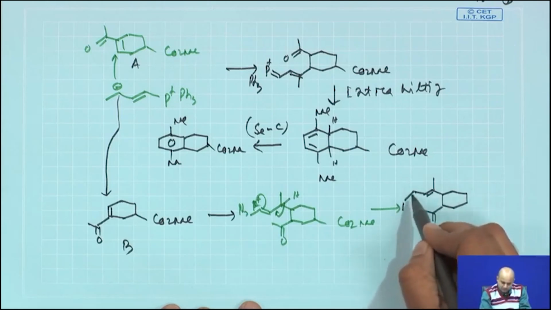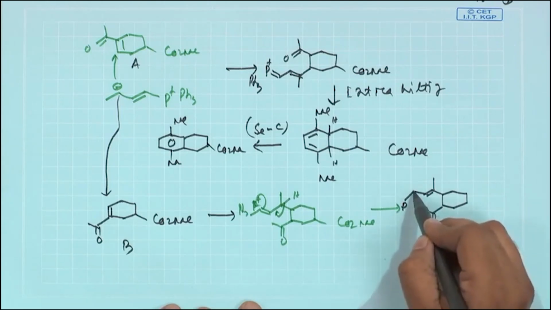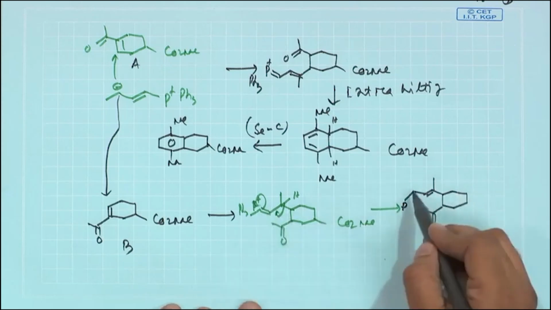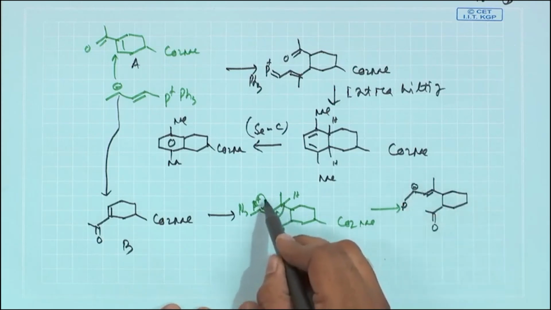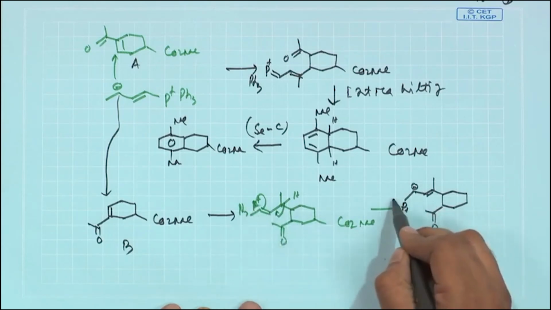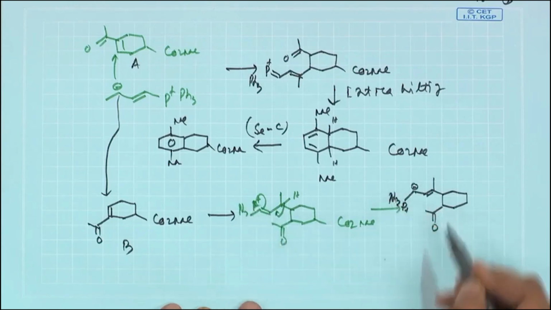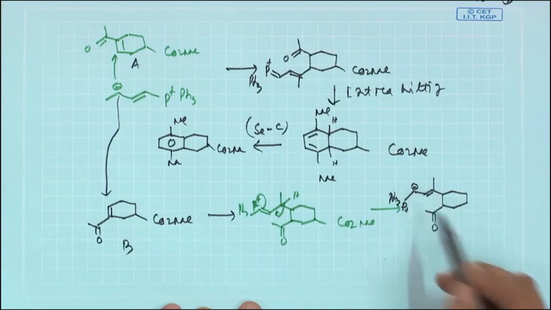Now, it has become CH2, or you can basically get a negative charge here. This gives a negative charge, the phosphorus is there. So, you get a P plus Ph3, which is nothing but a Wittig ylide. So, 1, 2, 3, this is 1, 4.